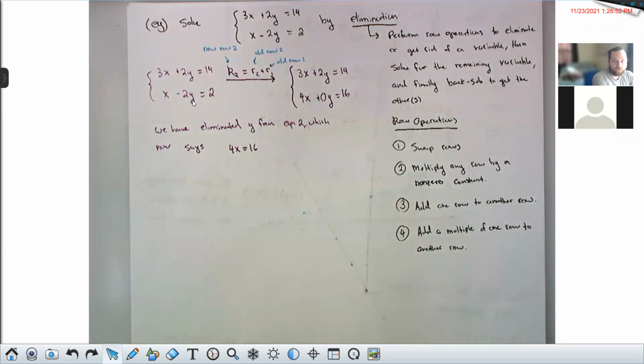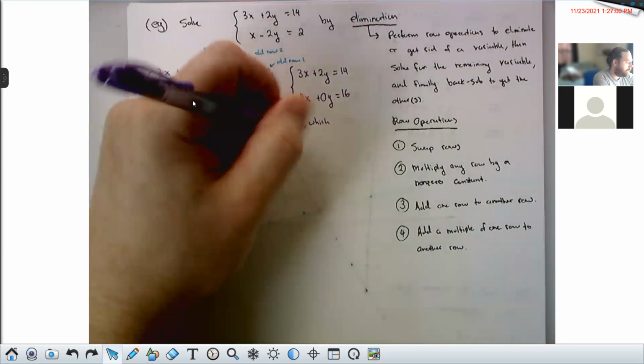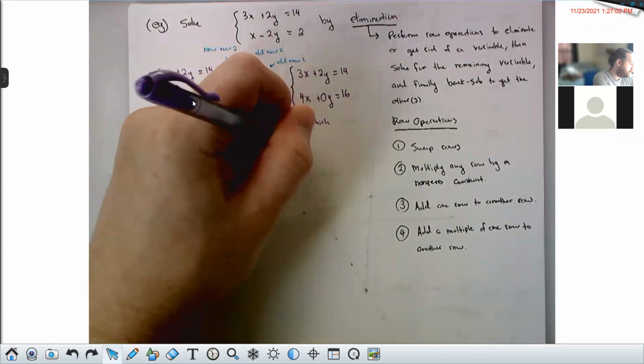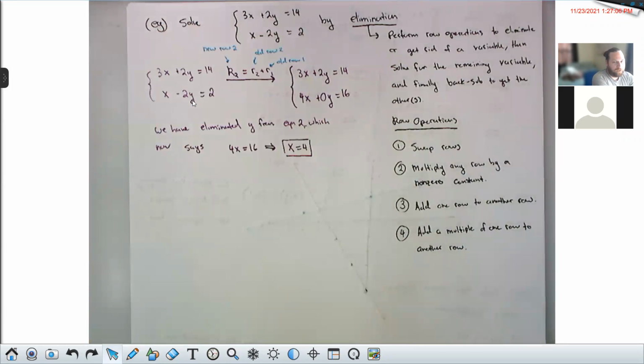Right, 0y is 0. So that bottom equation just says 4x equals 16, and I can solve that by dividing both sides by 4. I get x equals 4. So we eliminated the y from equation 2 by using a single row operation. That left us with an equation that only had x's in it.